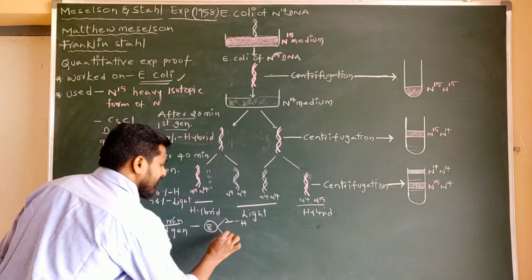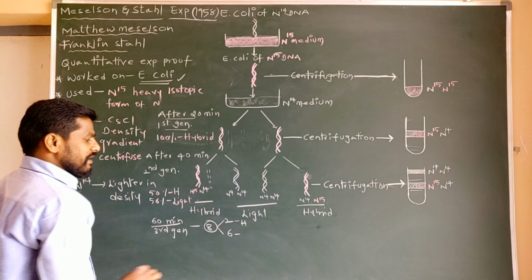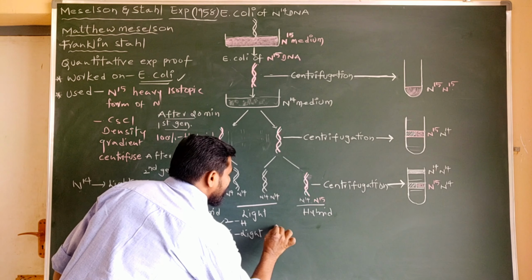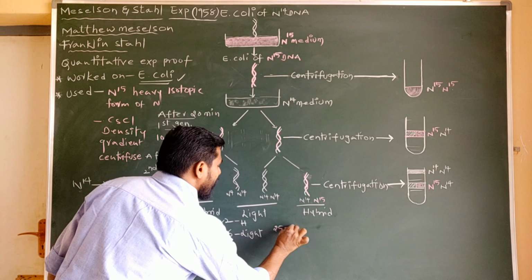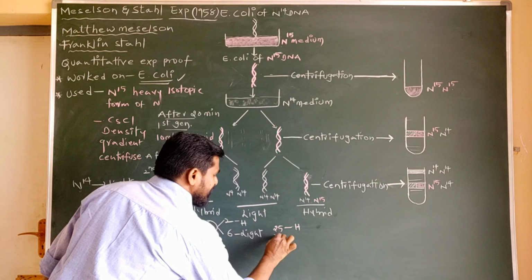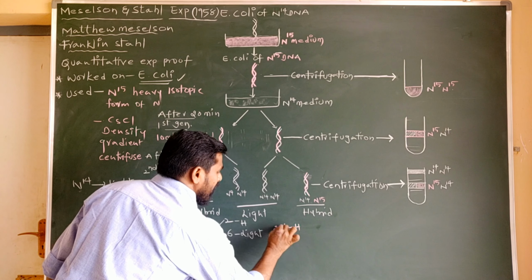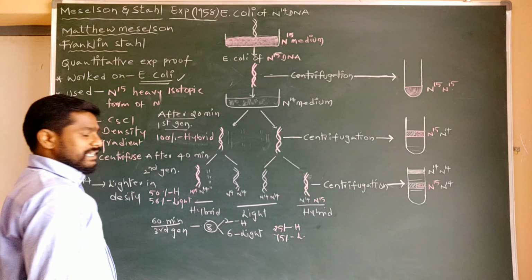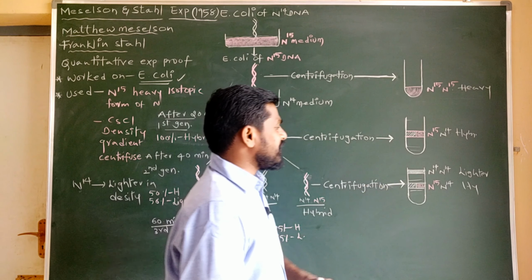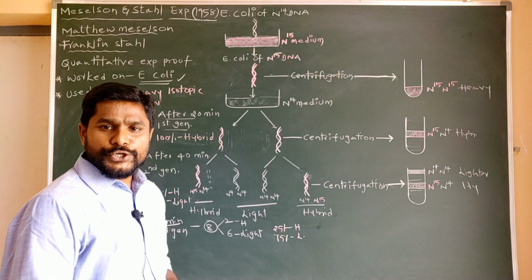Hybrid DNA, and remaining 6 E. coli cells are having lighter DNA. 2 means what? 25% are having hybrid DNA, and 6 means 75% are having lighter DNA. Here also the centrifugation has shown the same result, that is a middle band and a top band.